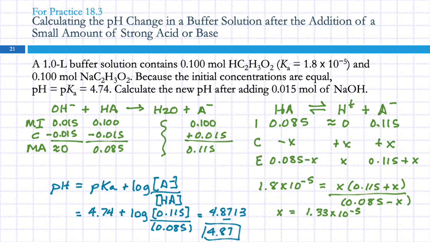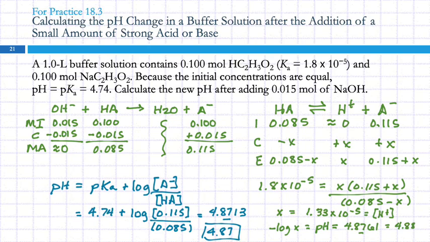So the negative log of that would be the pH, which equals 4.8761, or 4.88. Slightly different, but not enough to matter.